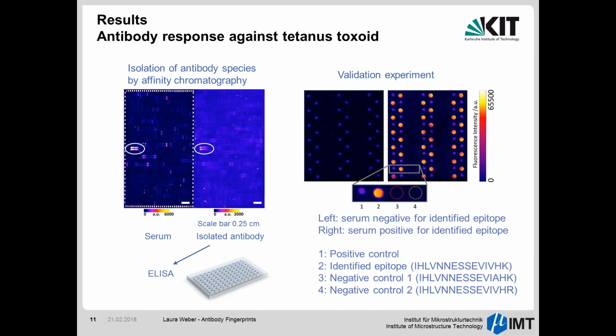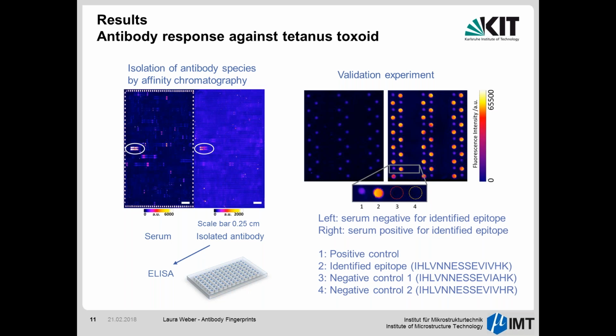The left image shows the incubation of such an array with a serum that was negative for our identified epitope. This serum only shows interaction with the positive control peptide, and on the right, we see the result of the positive serum interacting with the positive control and the identified epitope. In both cases, the negative control showed no signal.